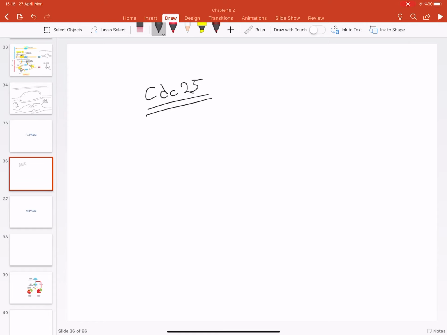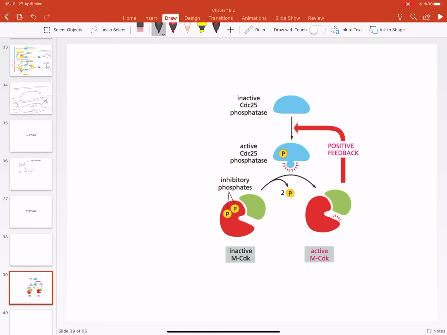Here, the passage from G2 to M phase, the signal is given by the CDC25. Okay? And when there is a DNA damage, the CDC25 is inhibited itself. Okay. So this is how the DNA damage is controlled at every single level.